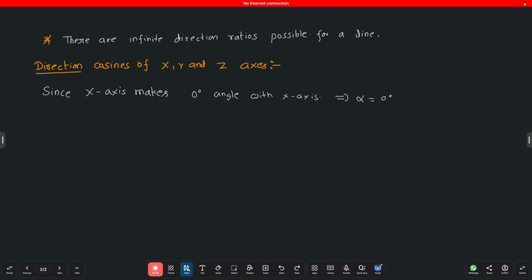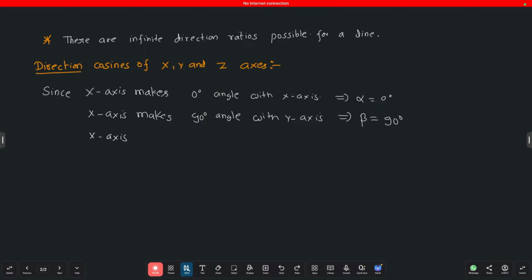And the x axis makes a 90 degree angle with the y axis, so the direction angle beta is 90 degree.